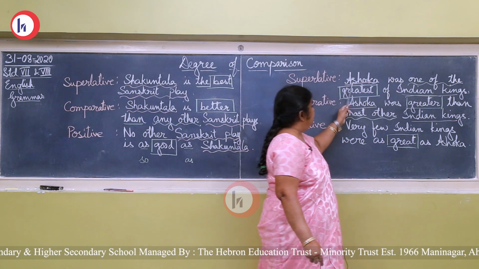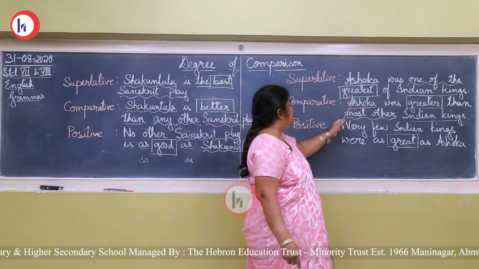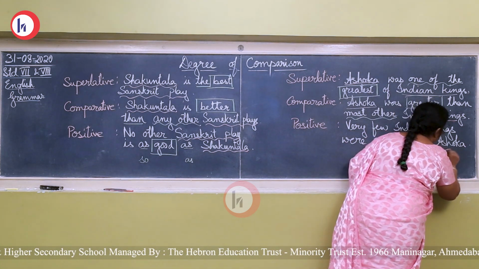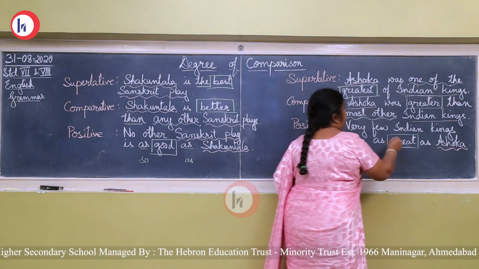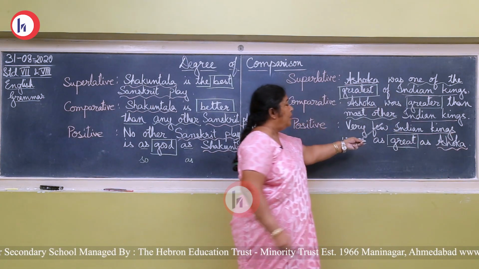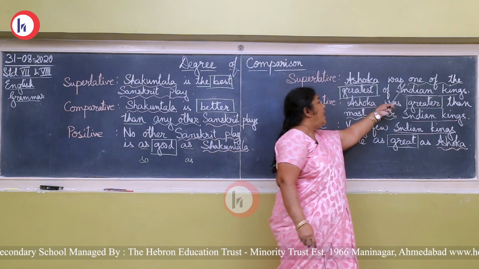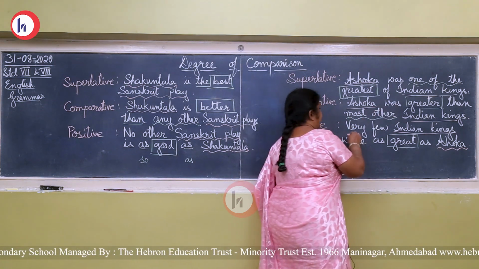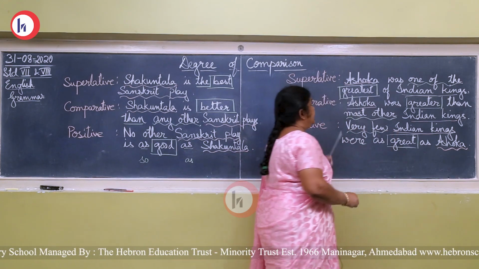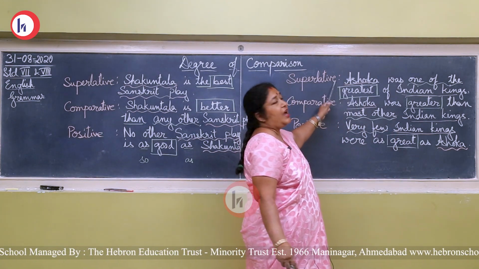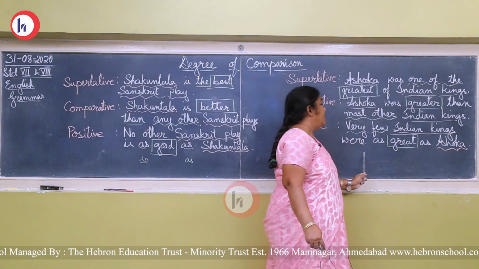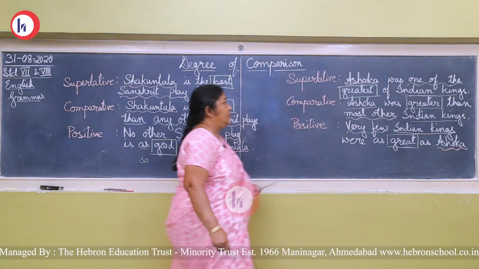And in the positive, the subject of the comparative and superlative has come to the object, and Indian kings has come here, which was the object. And because it is one of the, we have to write very few. That means there were some kings who were not as great as Ashoka. So we write very few Indian kings were as great as Ashoka.